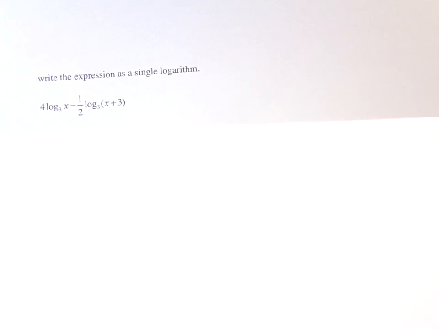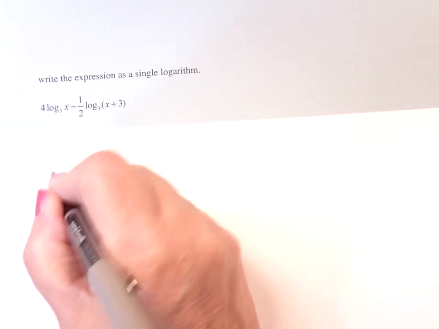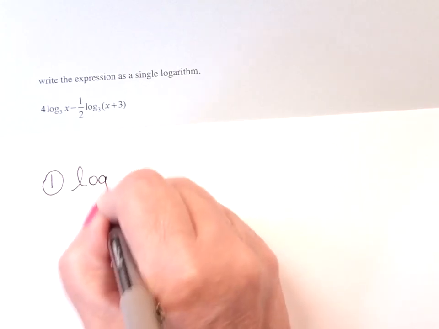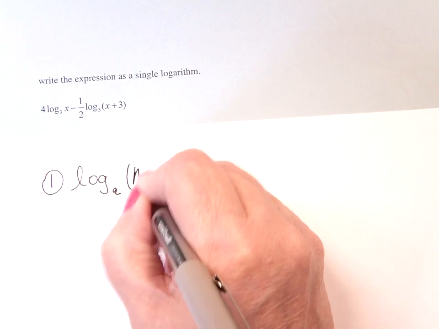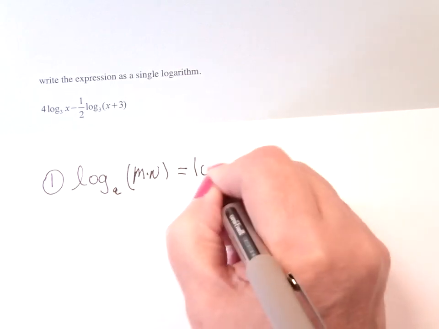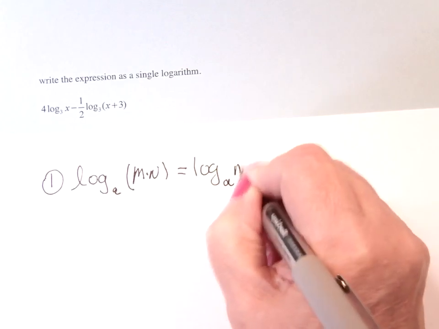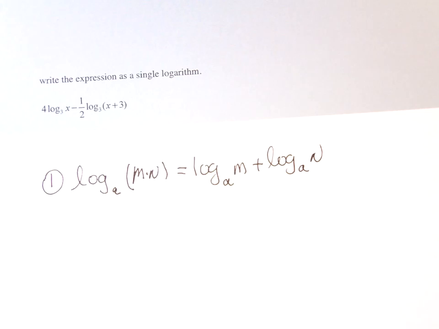When we're dealing with the properties of logarithms, this one's a minus. If we take a look at the first three, property number 1 says that the log base A of m times n, multiplication, is log base A of m plus log base A of n.